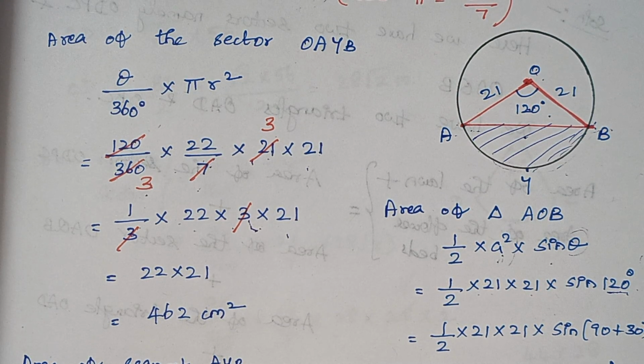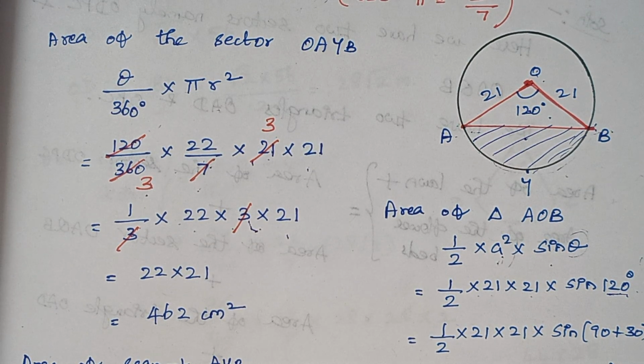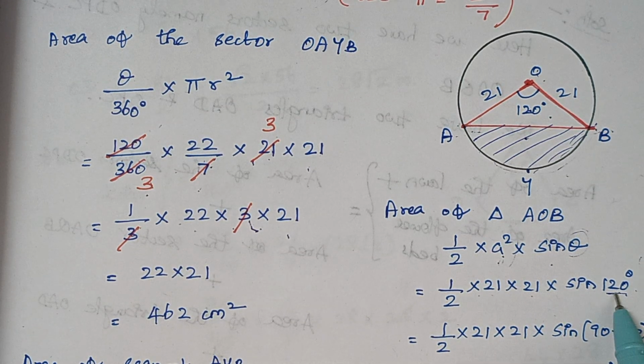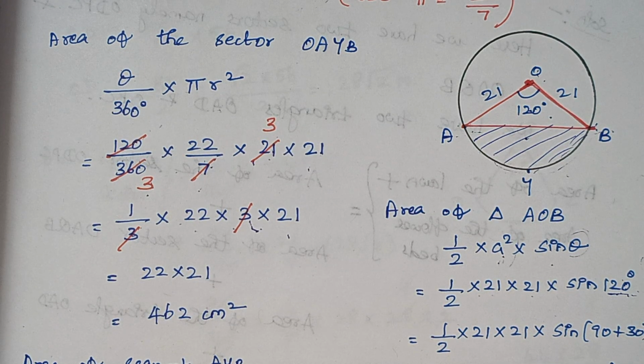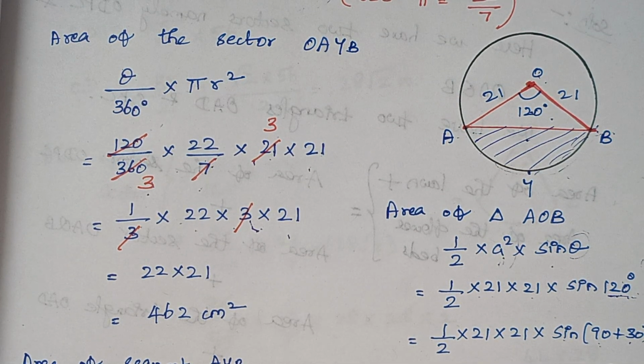Because here we have the relationship in which sine can be related with cos. So if you want to relate this angle, we split this 120 as 90 and 30. That is the reason why we write it as 90 plus 30, because sine of 90 plus theta is cos theta, and for cos theta we have the values in the tabulation.